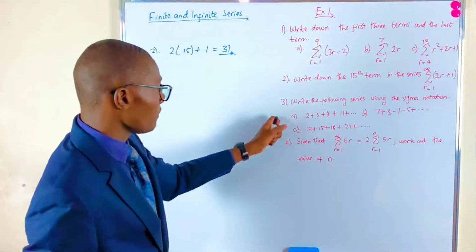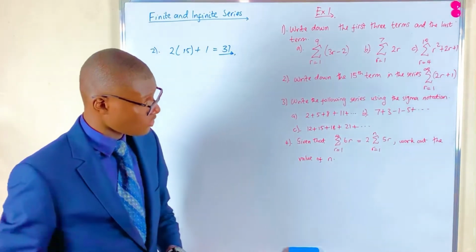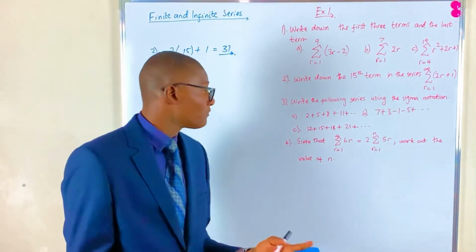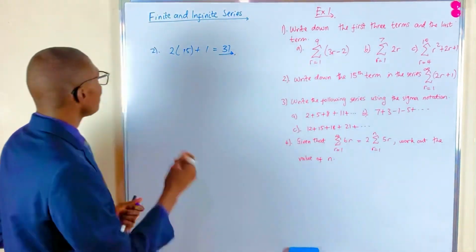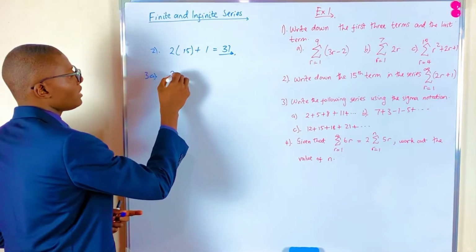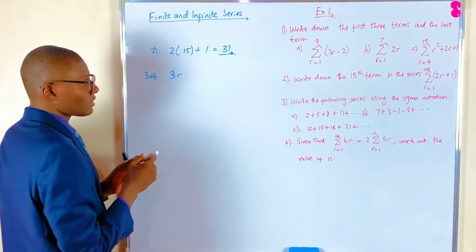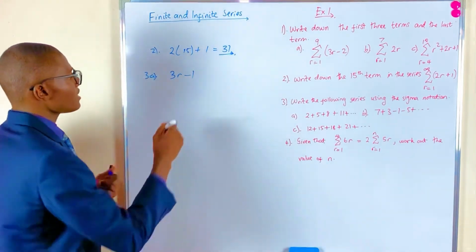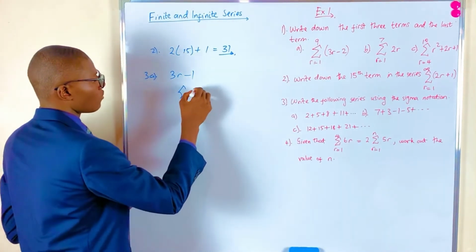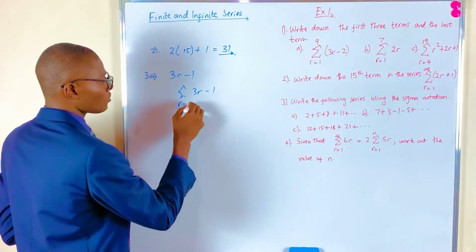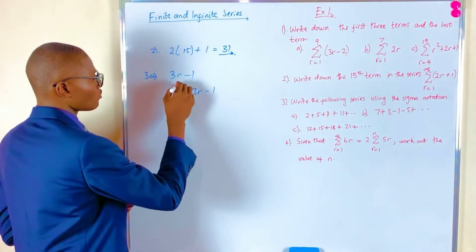And then number 3, we're asked to write the following series using the sigma notation. So your first step is to come up with the general term. So for number 3A, coming up with the general term, we see that we've got 3r minus 1. So we're saying the summation of 3r minus 1 from r is equal to 1 up to infinity.